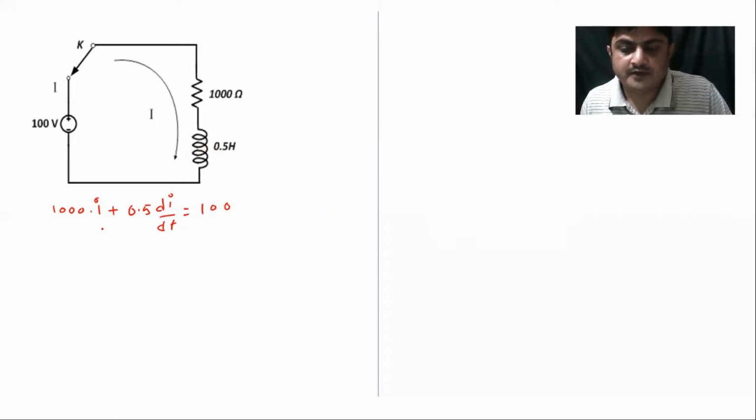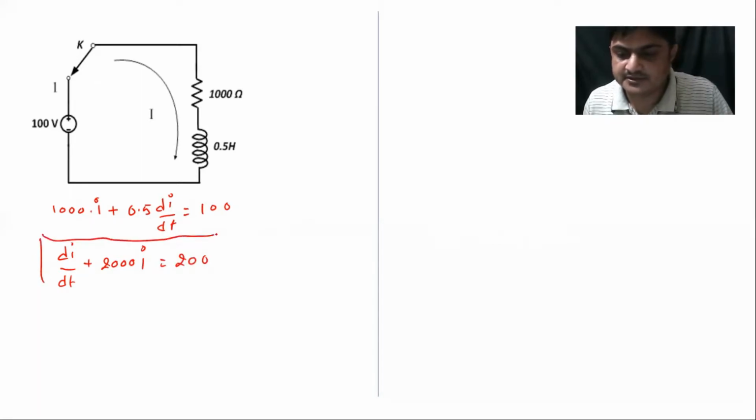Remember what we require: our equation should be in the form of di by dt plus P I equal to Q. This is not di by dt, this is 0.5 into di by dt. So to get that particular form, we are multiplying with 2. This equation, let us say equation number A, I am just multiplying with 2. Then di by dt plus 2000 into I is equal to 200.